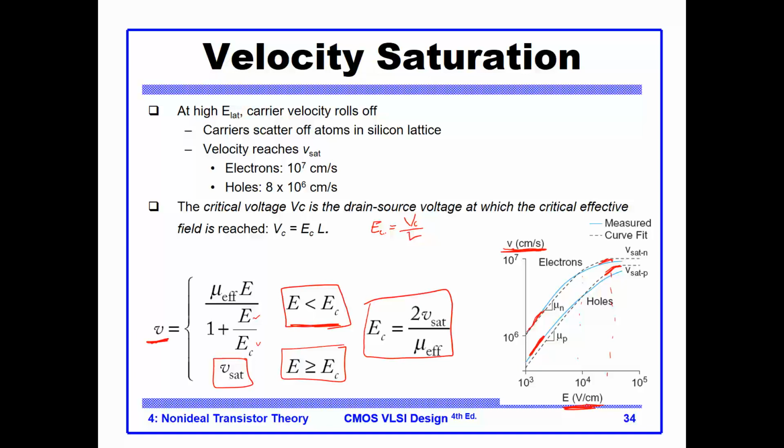This is the value of the critical electrical field times the channel length. You get the critical voltage. This is the critical VDS voltage, which triggers the phenomenon of velocity saturation.